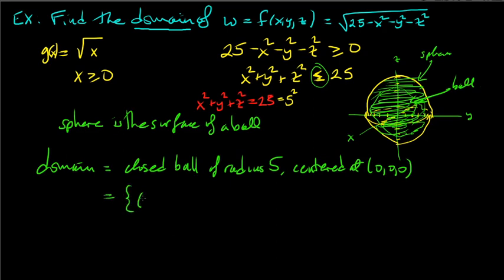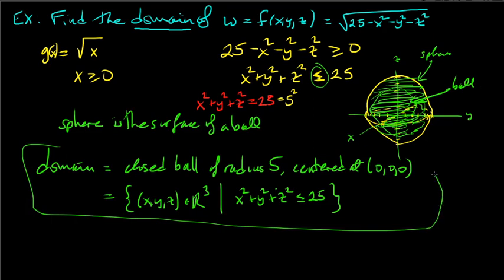So it's just the set of points x, y, and z in space such that x squared plus y squared plus z squared is less than or equal to 25. Either way, that's the domain. This is the more mathematical description of it.